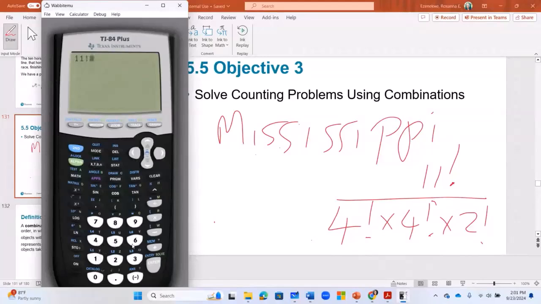Be careful when you hit divided by, you must use parentheses, because you're dividing by multiple things. Divided by 4 factorial, so go to math, arrow to PRB, number 4, multiply again by another 4 factorial, math, PRB, and multiplied by 2 factorial.